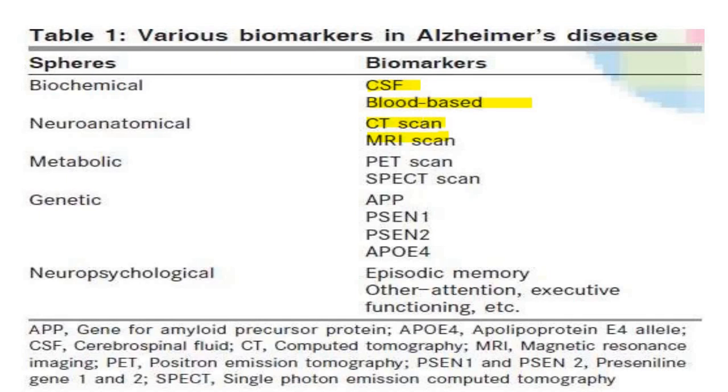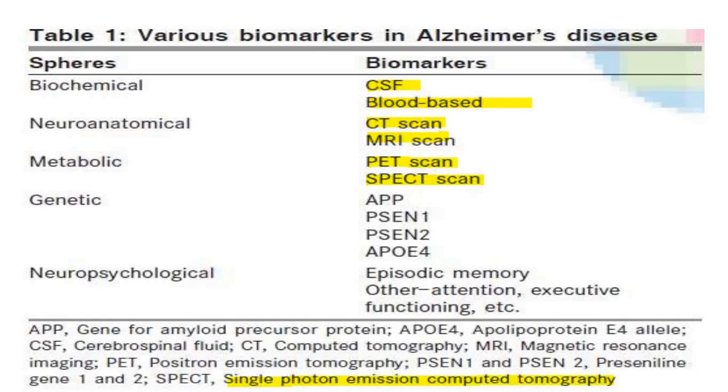What are the anatomical changes? Then there are metabolic markers. Metabolic markers can be through PET scan and SPECT scan, positron emission tomography, and SPECT is single photon emission computerized tomography.